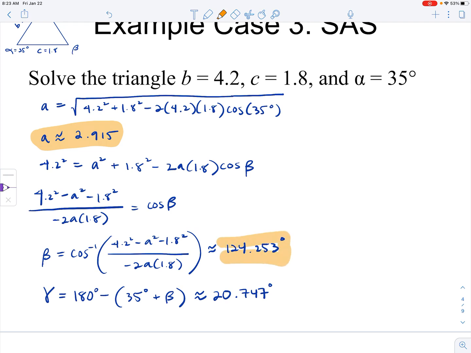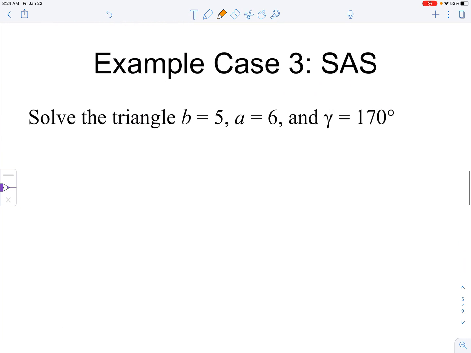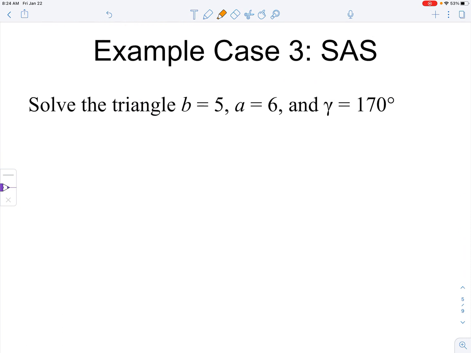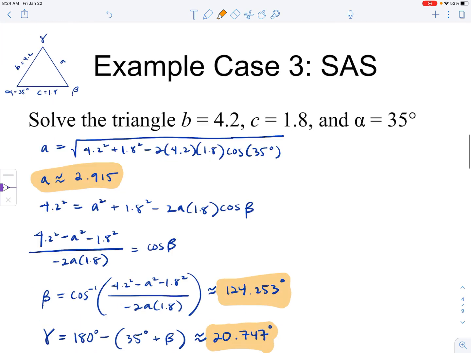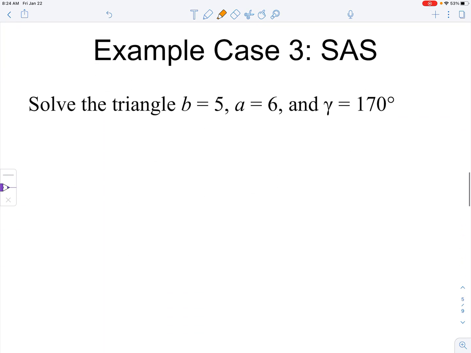So I'm just going to highlight the approximations here. Side A, angle beta, angle gamma. Okay, and that was side angle side.